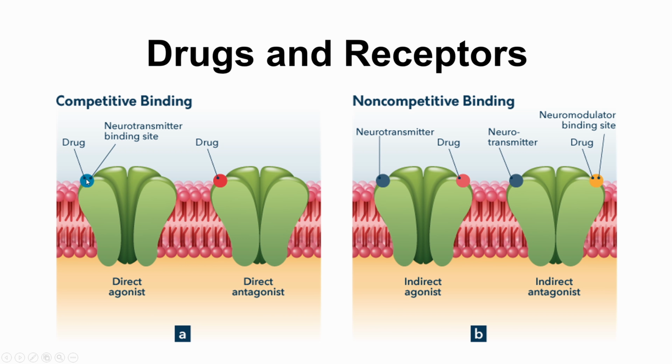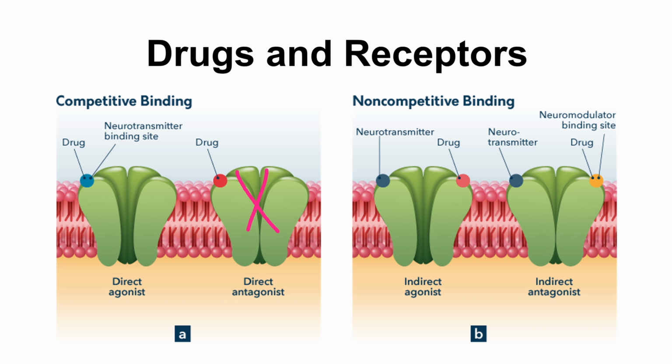That's when the drug binds to the neurotransmitter's binding site and either activates it if it's a direct agonist, or it binds to that site and turns off this receptor. That would be a direct antagonist. So we could even draw in the fact that it turns it off. It doesn't act the way that it should.